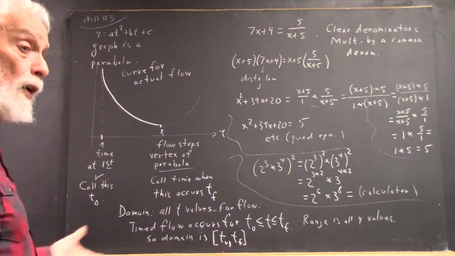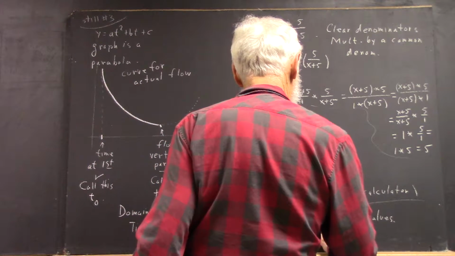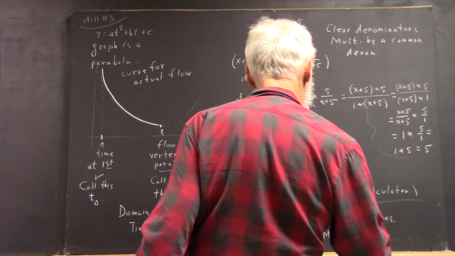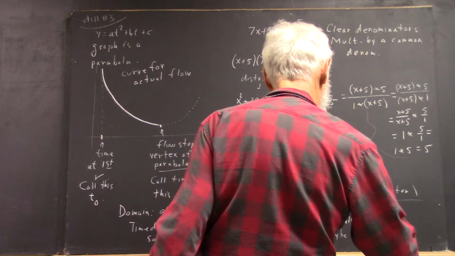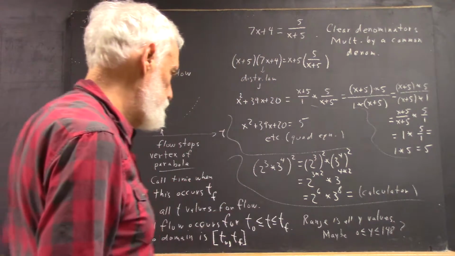The range is all the y values. Now I don't remember what the y values were. I did the measurements and I sent those out. Maybe 0 less than or equal to y less than or equal to 148, but it might not have been 0.